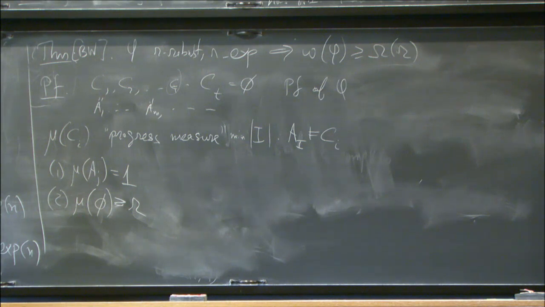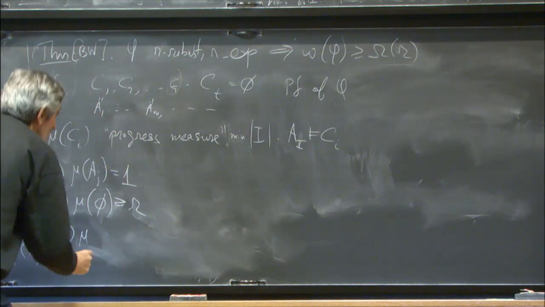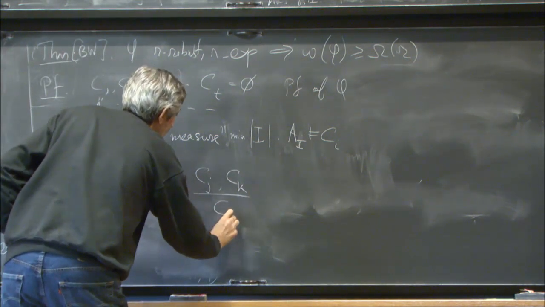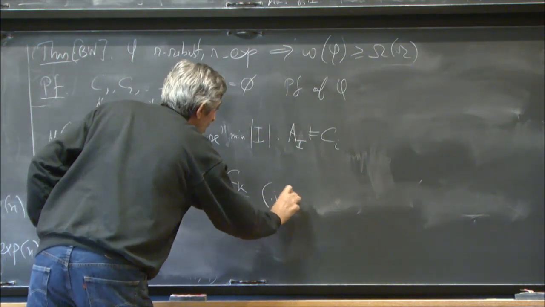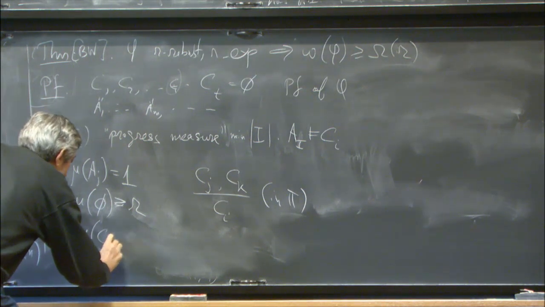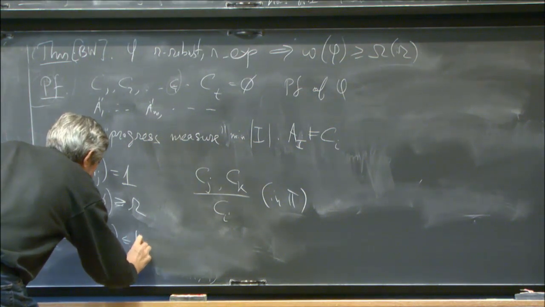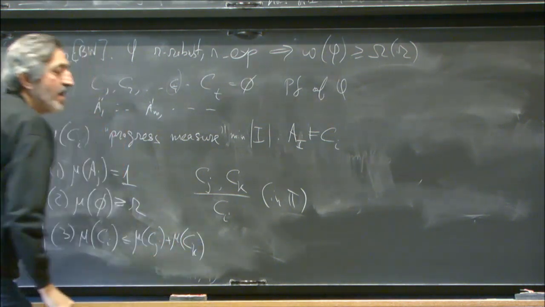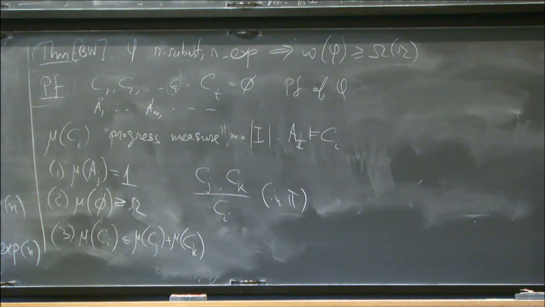We also want it to grow slowly along the proof, and it's obvious that if Cj and Ck were used to derive Ci in the given proof pi, then mu of Ci is at most mu of Cj plus mu of Ck. Right? Because we look at what these two subtrees reach and take their union.